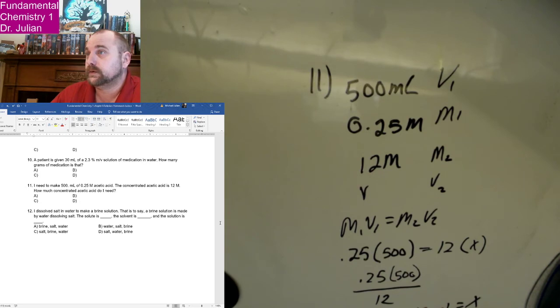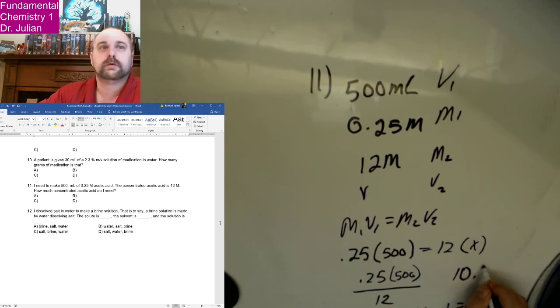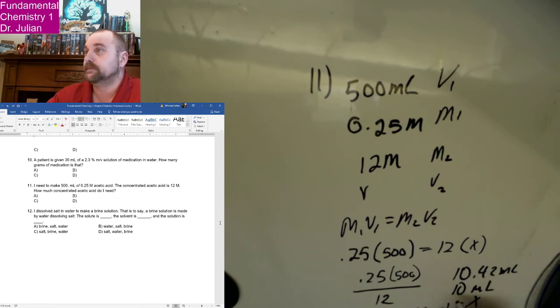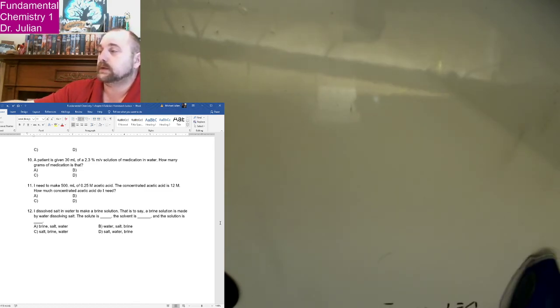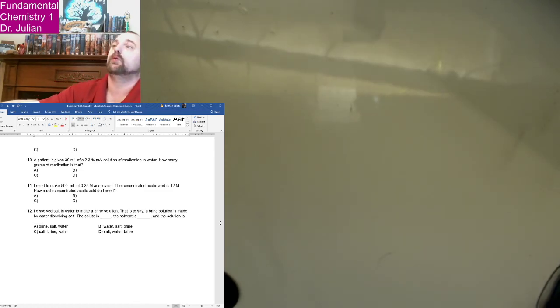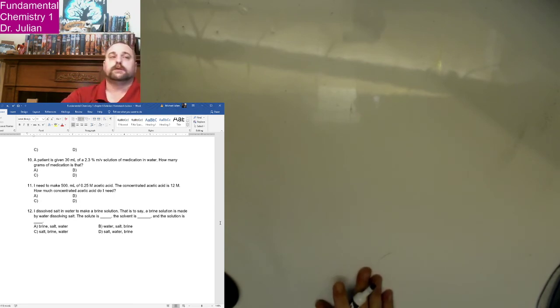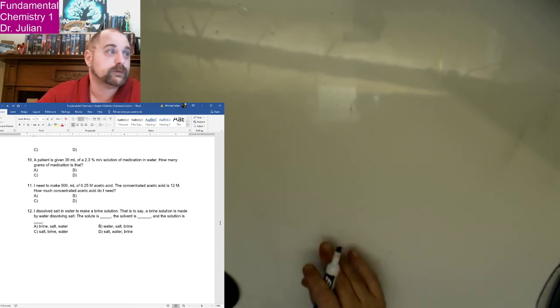So 10 milliliters, which is C. If you had done that in liters, you'd have gotten 0.01 liters, so you had to be careful of your units.